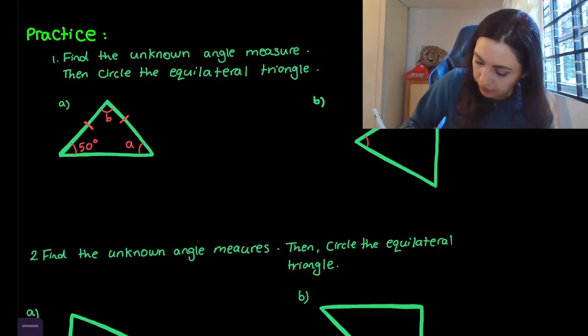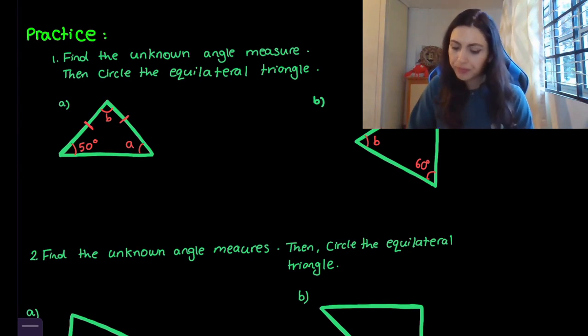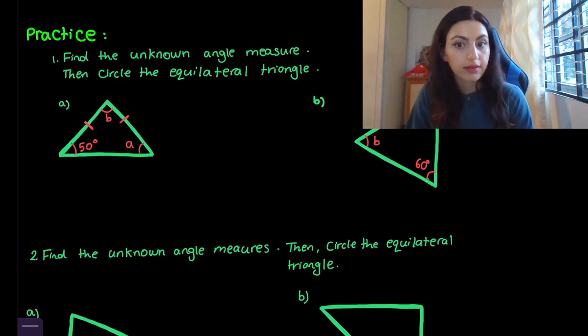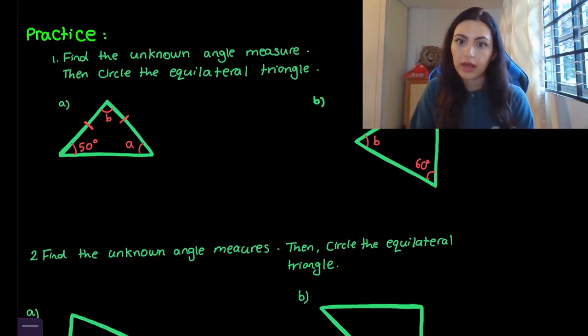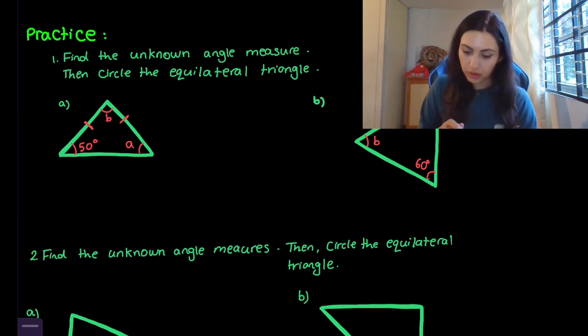The B part, we have B. This one is 60 degrees. This one is 60 degrees. Okay, sounds about right. Two angles are 60. So you have to find the other angle and see if it is 60, that means it's an equilateral triangle. But also you have to see the sides as well.